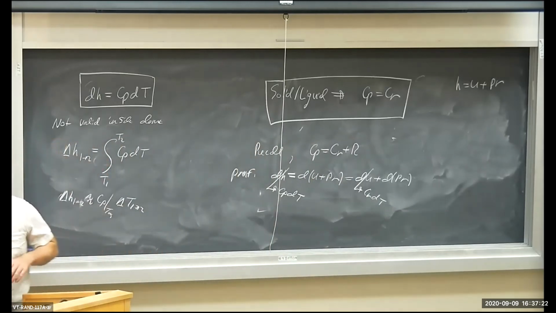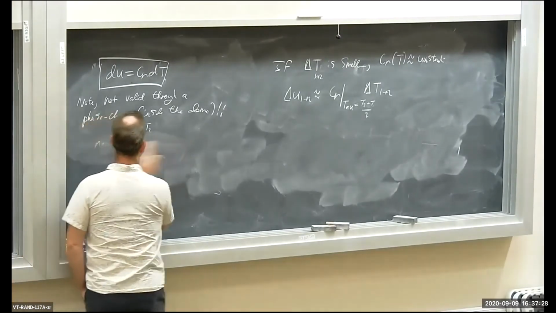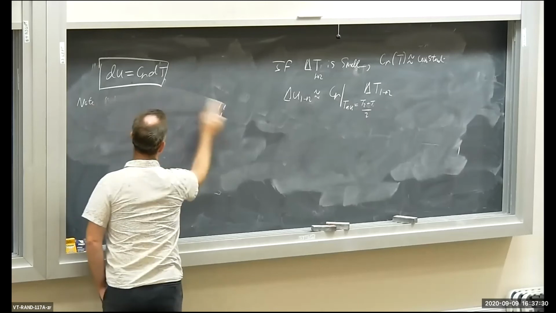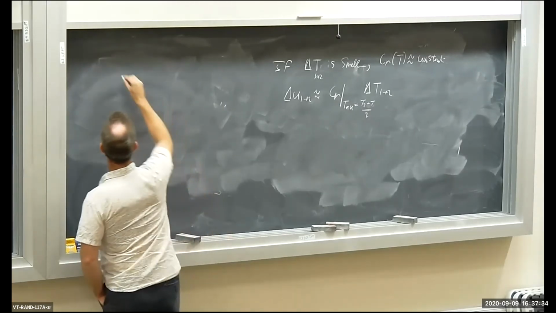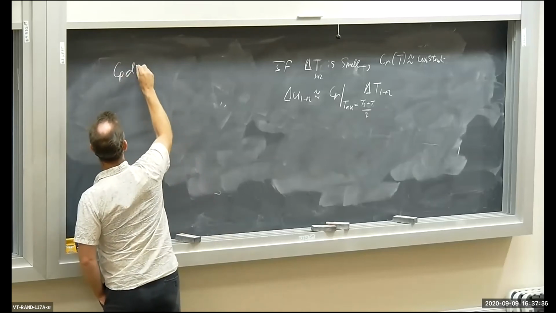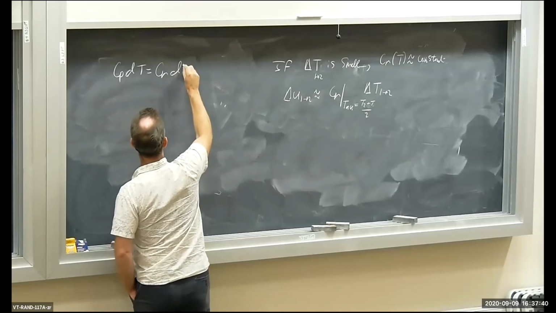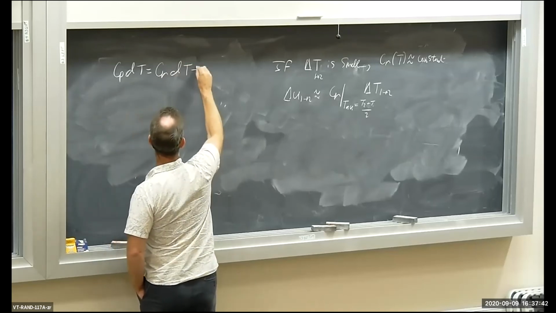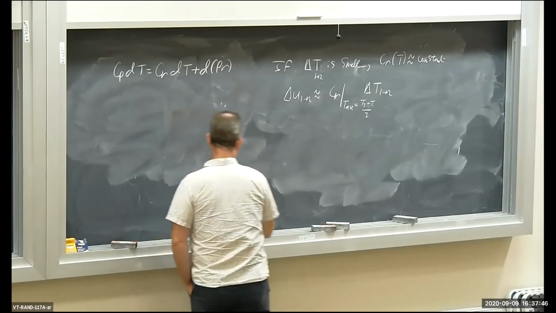Let me move over to the next board. So I got Cp dT, which is dH, equal to Cv dT, which is dU, and then I have a d of pressure times specific volume.